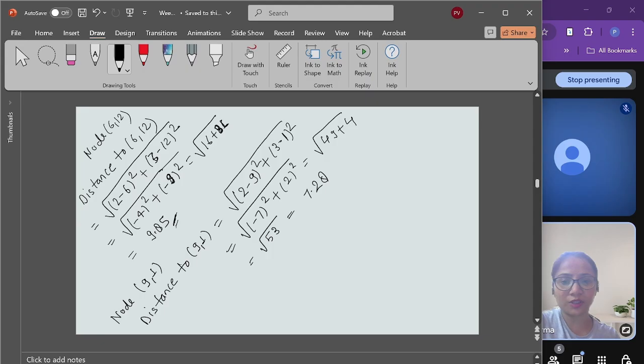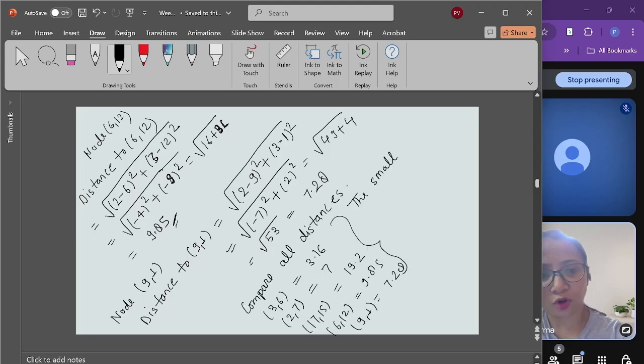So from here we can say that the smallest distance is 3.16, which corresponds to the root node, that is 3, 6, right?